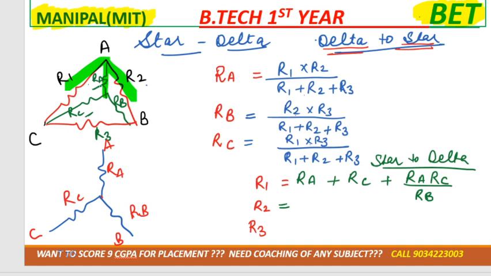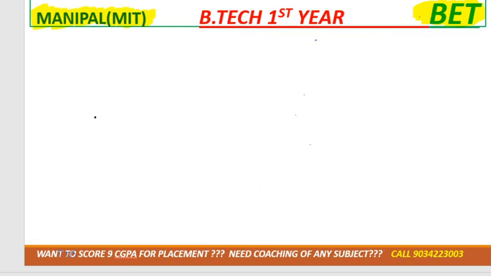R2 is connected between RA and RB, so it would be RA plus RB plus RA into RB divided by RC. Correct? Now next numerical based on this.